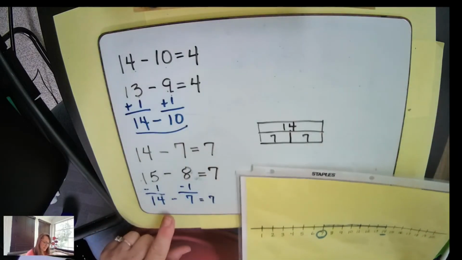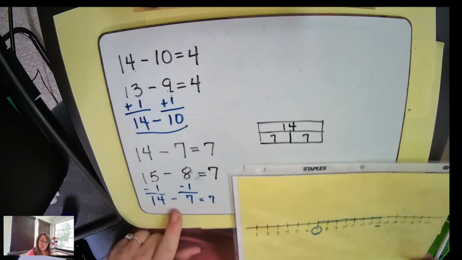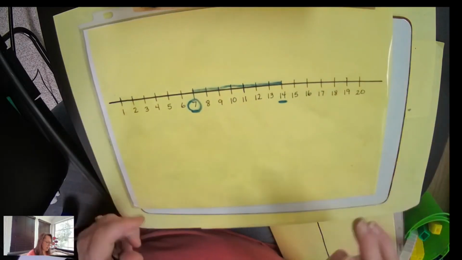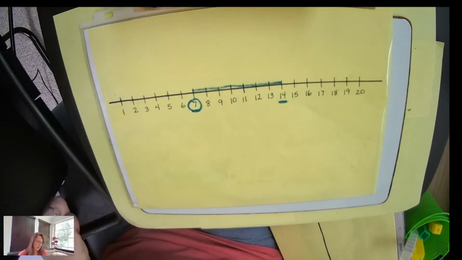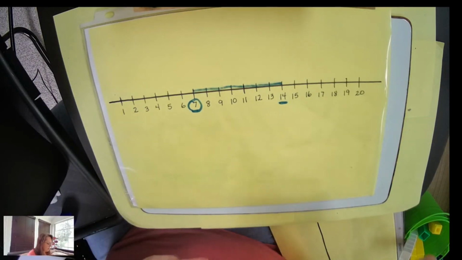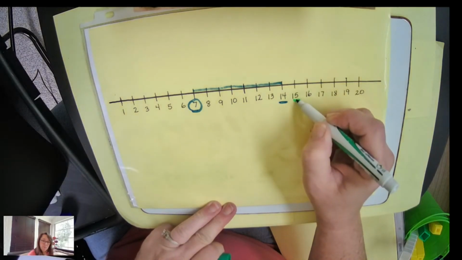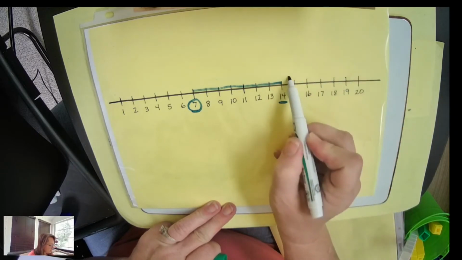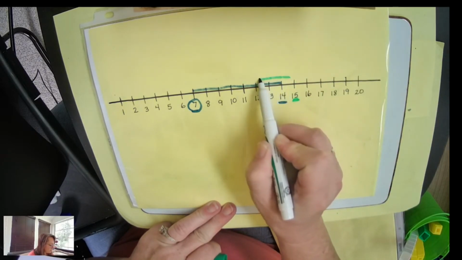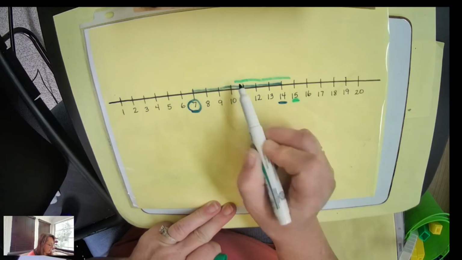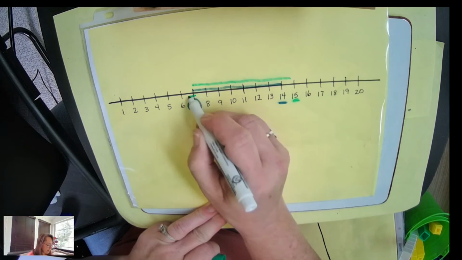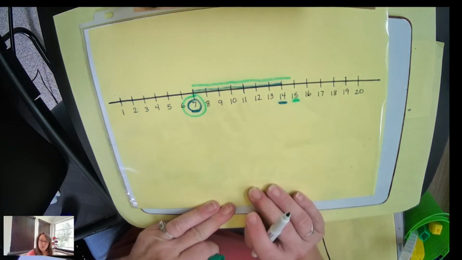Now, the second problem was 15 minus 8. Let's see how that looks. 15 minus 1, 2, 3, 4, 5, 6, 7, 8. 15 minus 8 is also 7.